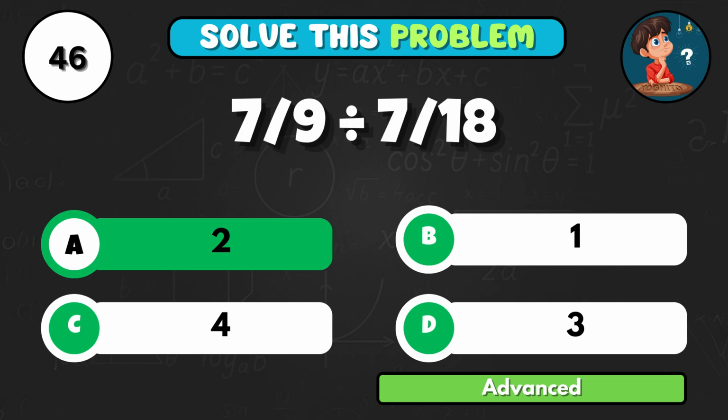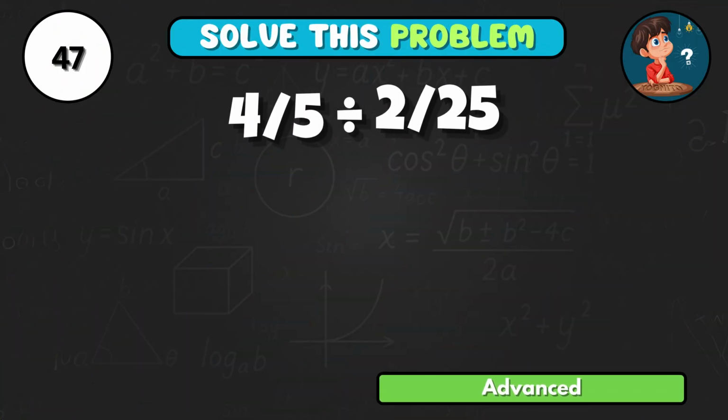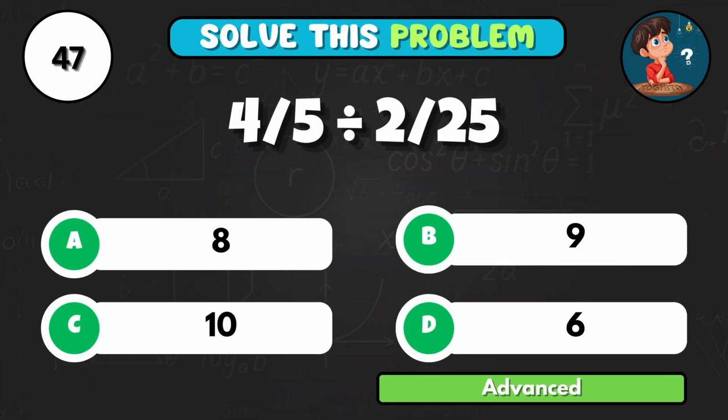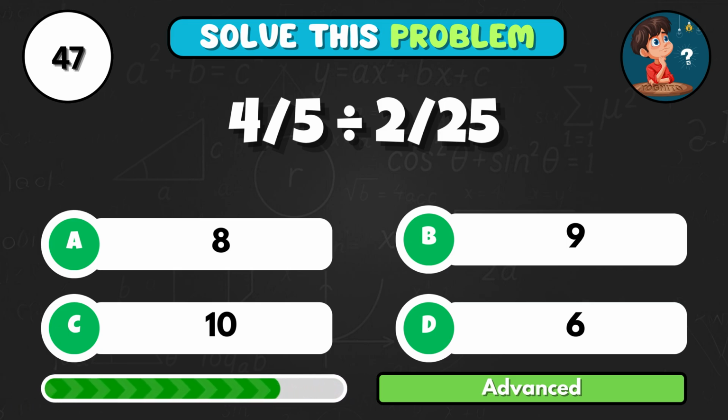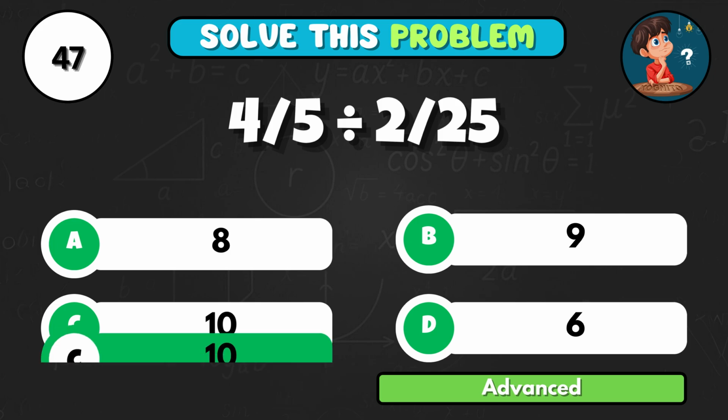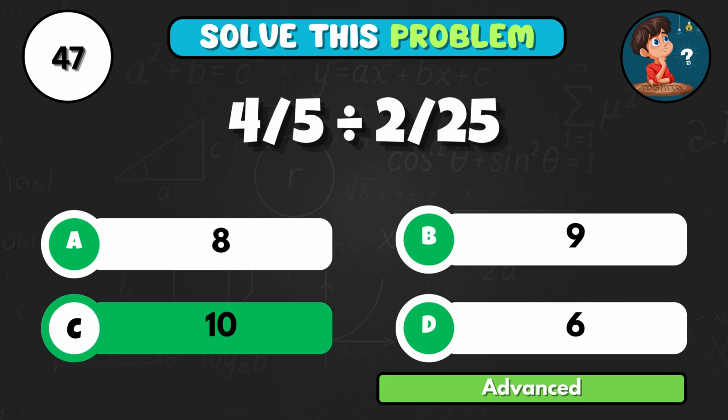It equals A, 2. 4/5 divided by 2/25 equals what? That's C, 10.